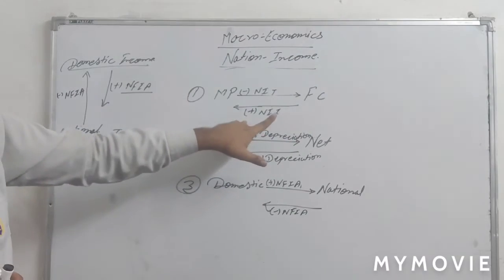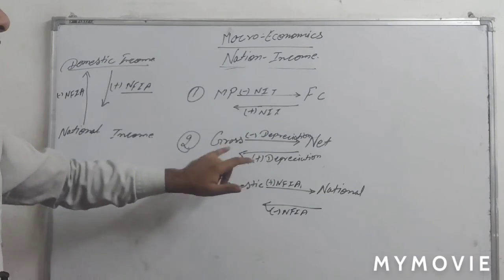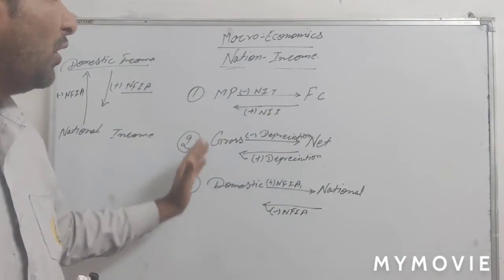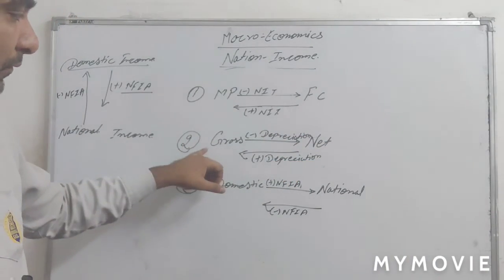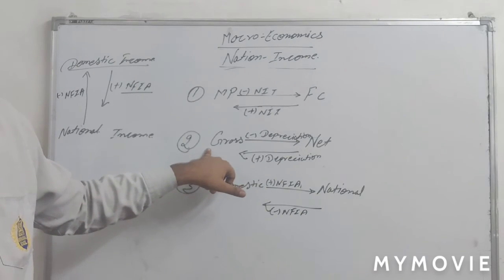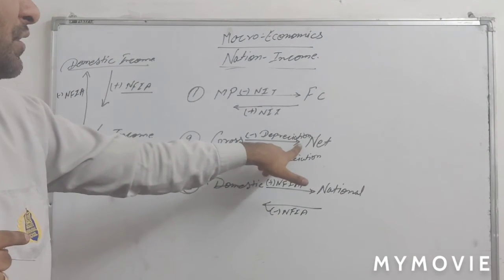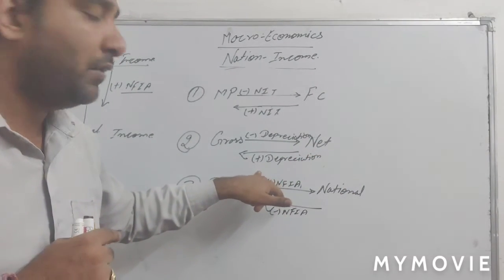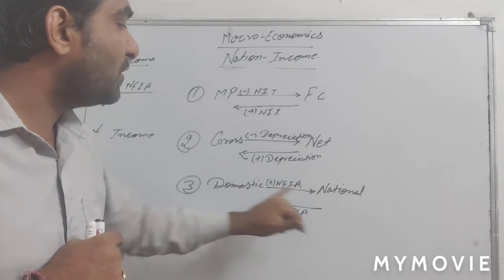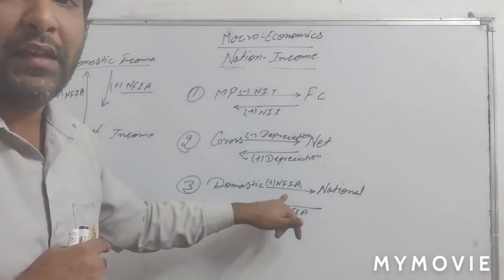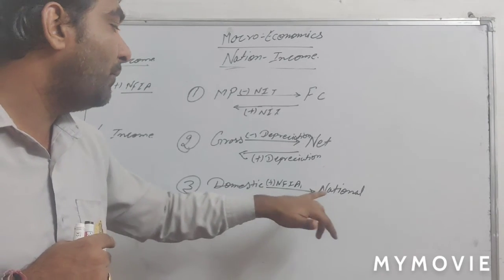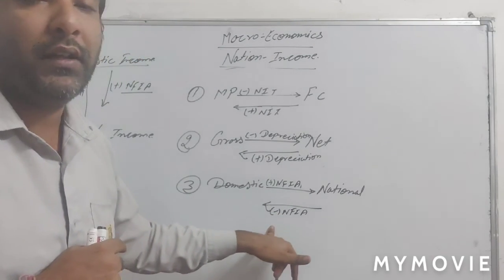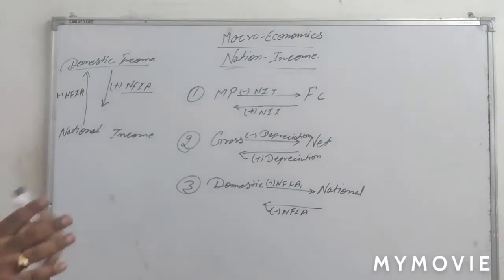FC to MP: add NIT. Gross to net: if we want to move from gross domestic product or gross national product to net national product or net domestic product, we subtract depreciation, and if we want to move from net to gross, we add depreciation. Domestic to national income, we add NFIA, net factor income from abroad, and if we want to move from national income to domestic income, we subtract NFIA. Isn't it?